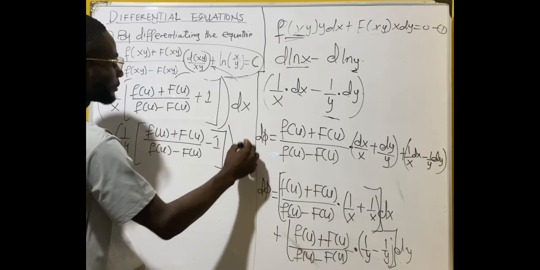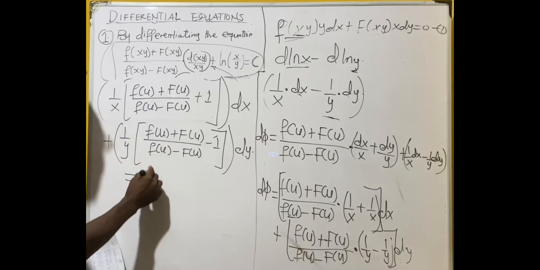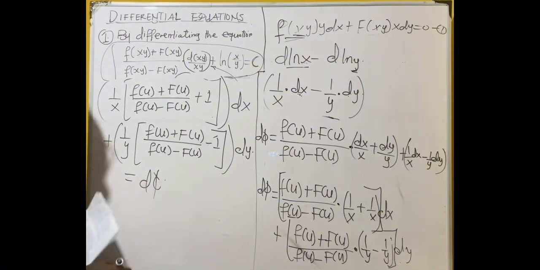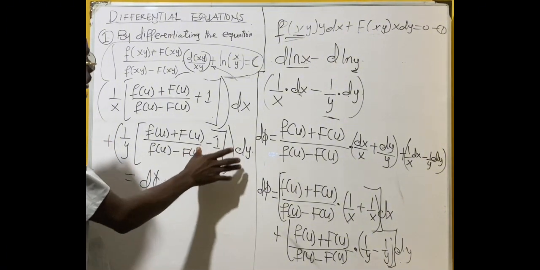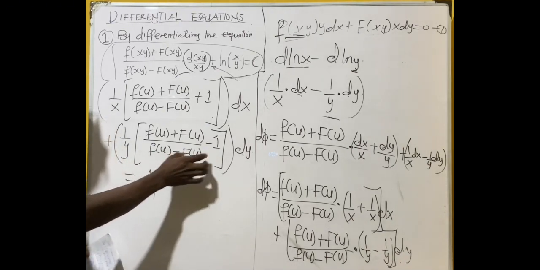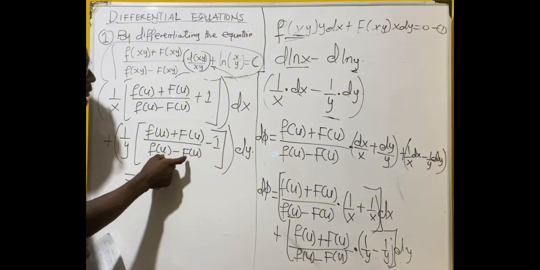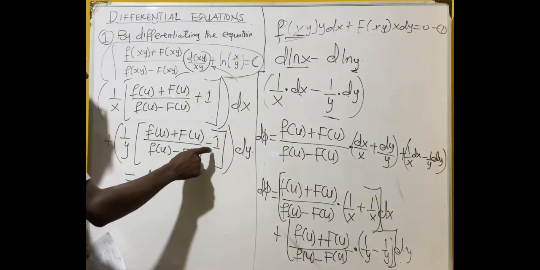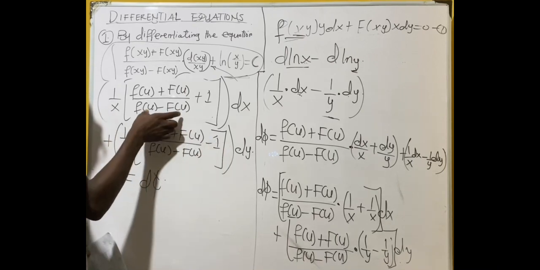Then this becomes dy, and this is equal to the total differential of phi. Now that we have this, we can see that we have something in common. We can multiply through by this to make sure that this part is affected, and also this part too.